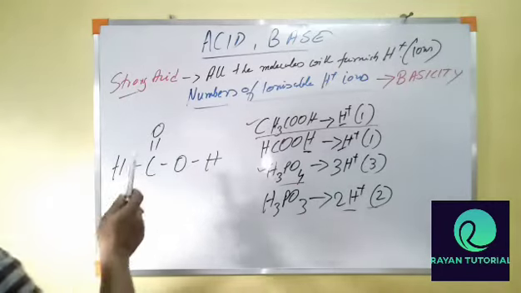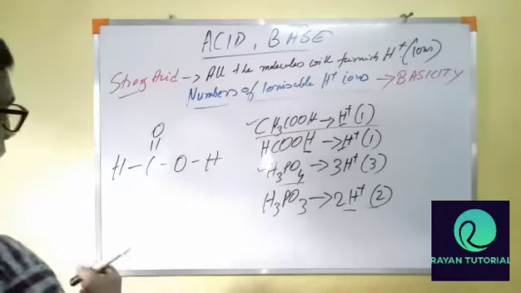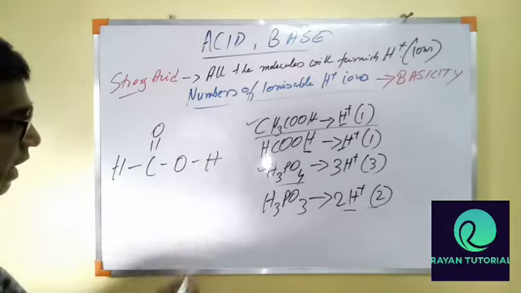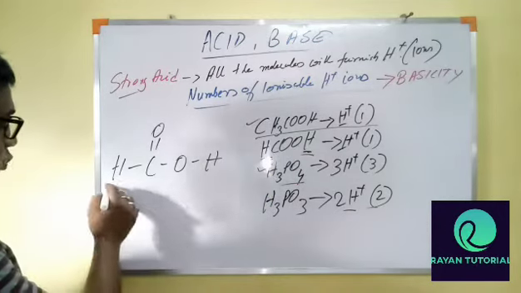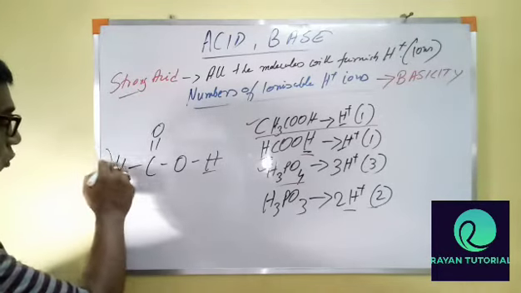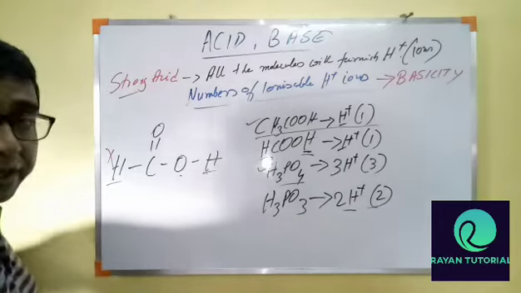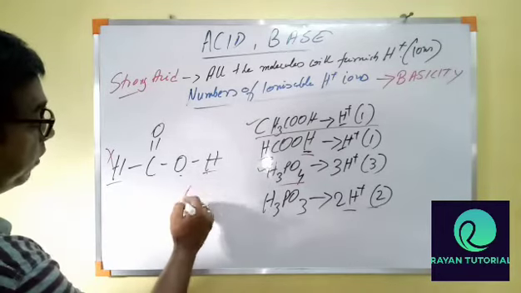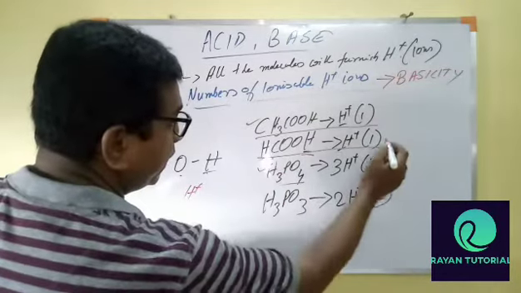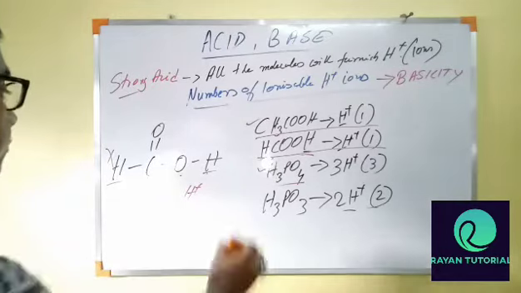Yes, I think I'm right. HCOOH. Now see here. Here we got two hydrogens, one this, one this. Now this one is linked up with carbon, so it will not displace hydrogen ion. This one is linked up with oxygen, so here we will be getting only one hydrogen ion. That's why it is 1. Clear?